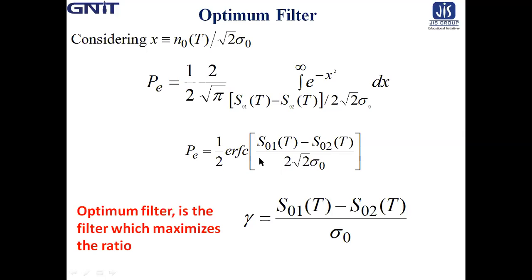So we have to maximize this ratio to minimize the error probability. So optimum filter is the filter which maximizes this ratio, means [S01(T) minus S02(T)] by noise sigma0. Hence, we can say that error probability is minimized.